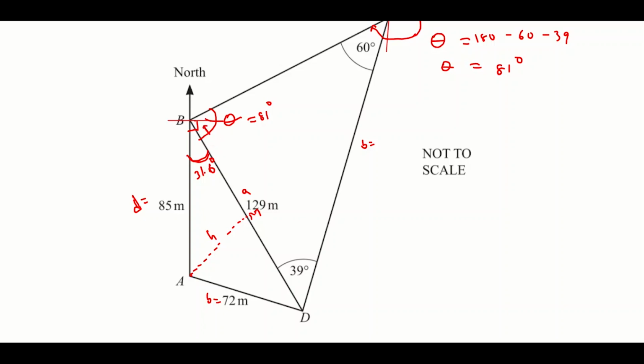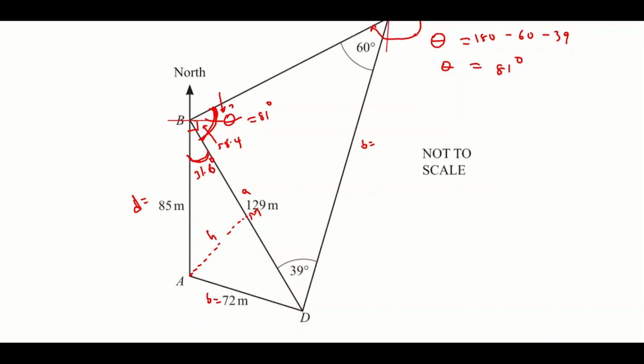This particular angle, let me just write, is 58.4, if you do 90 minus 31.6. And don't forget that the whole of this angle from here to this place is 81. Since I know part of it to be 58.4, then I can do 81 minus 58.4. So that will equal 22.6. So this smaller angle here, let me draw an arrow here, from here to here, will also be 22.6.